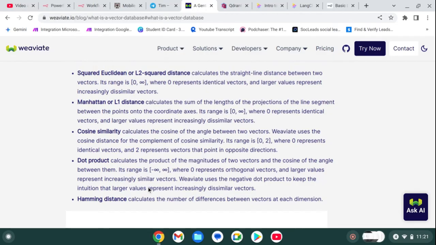Small values represent similar vectors and large values represent greater distance. Manhattan distance calculates the sum of the lengths of the projections of the line segment between the points onto the coordinate axes. It ranges from 0 to infinity, where 0 represents identical vectors and larger values represent increasingly dissimilar vectors.